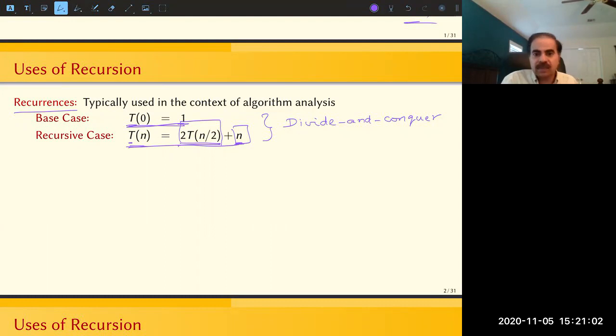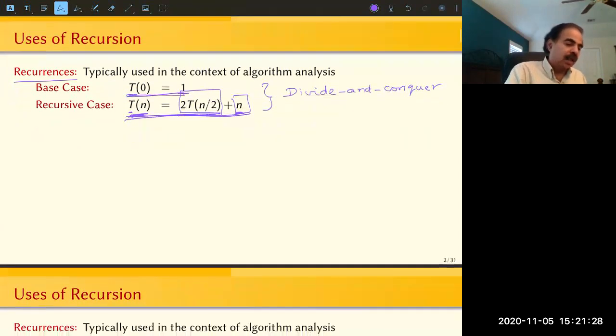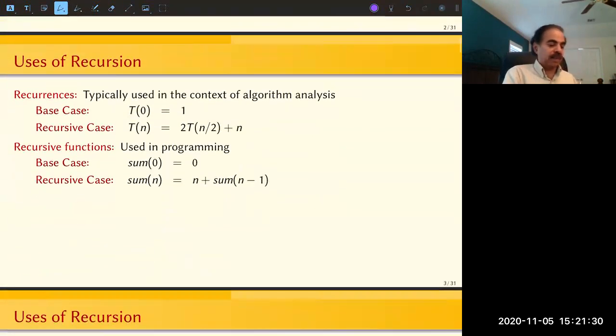Later on, when we actually talk about recursive functions, you'll get some examples of exactly why you get these sorts of equations. For now, what we are interested in is, given these types of equations that specify the runtime of algorithms, how do we solve them, right? So these recurrences, we want to write them down and we want to be able to solve them, right? So that's one type of use of recursion we'll talk about.